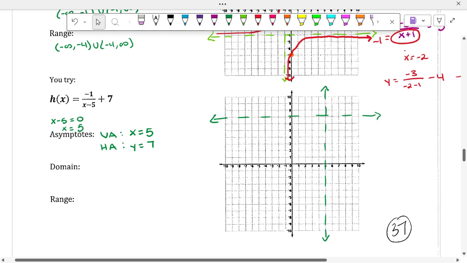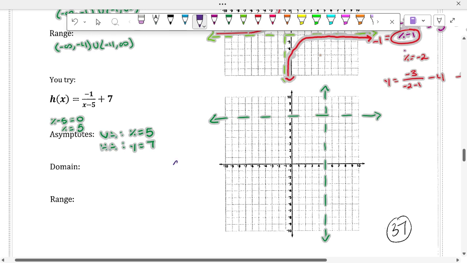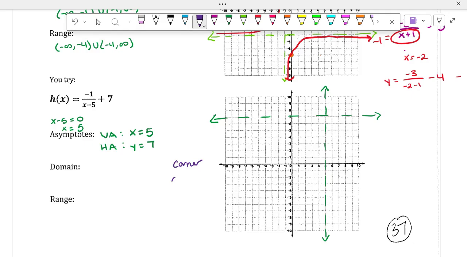So what am I shooting for now? Okay, so we're trying to find the corner points. And what am I shooting for? Are you shooting for 7? Or do you want it to equal -1 over x minus 5 equals -1?